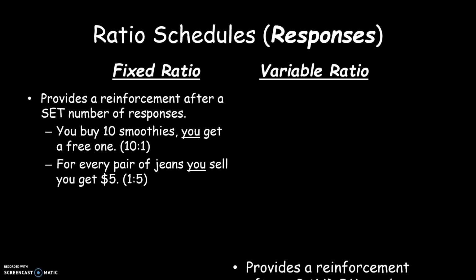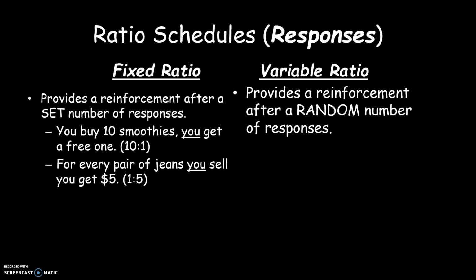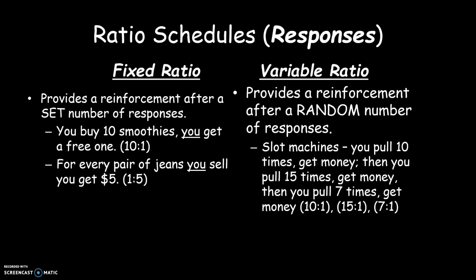A variable ratio schedule is going to be a random number of responses. And the example that they love to use for this one, even though you guys are not anywhere near, well, some of you might be, not anywhere really near being able to gamble, is slot machines. You pull 10 times and then you win some money, you pull 15 times and you win some money, you pull 7 times and then you get some money.